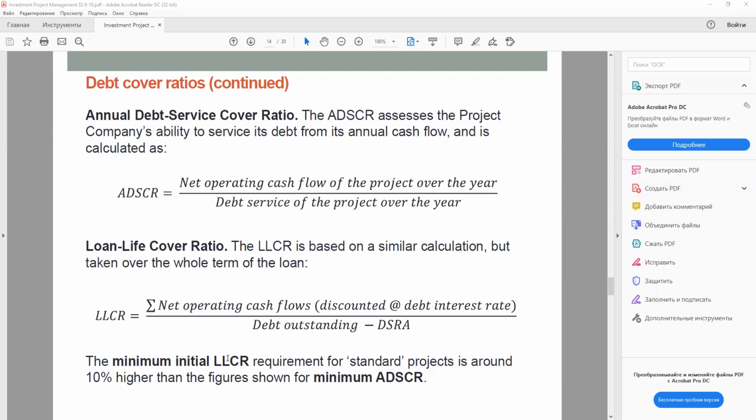So again, the lender wants to be assured for the expected rest of the project, that the amount of free cash flow available for the debt service is still enough to continue the repayments and the debt service if it is extended for the whole project life.